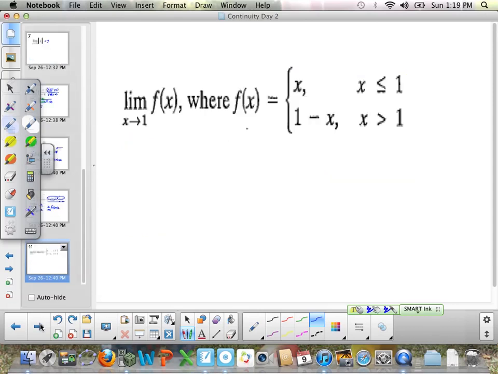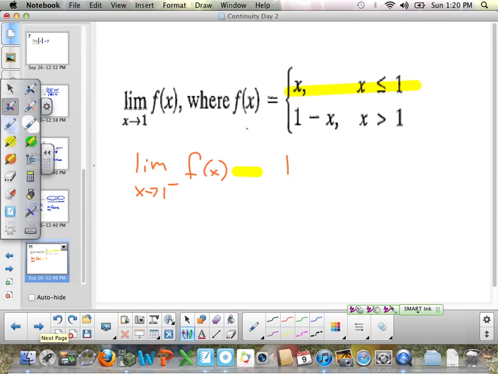And another piecewise function. Find the limit as x approaches 1 of f of x. Well, evaluate it from the left. If we plug 1 into that, we get 1.